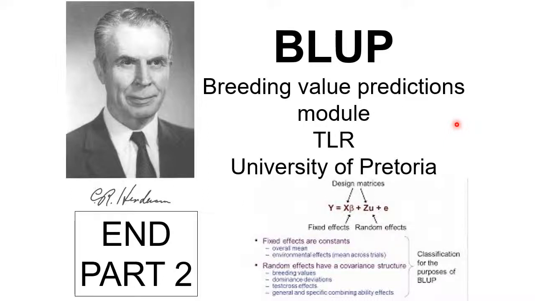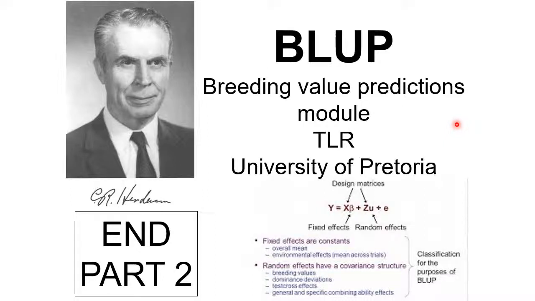So that then concluded our coefficient matrix, the big matrix, which is basically a square matrix with the dimensions of all the animals plus the levels of the fixed effects. That will be the order of that matrix. Then we have that multiplied by a column of unknowns, and the first rows in our unknowns would be the levels of our fixed effects.